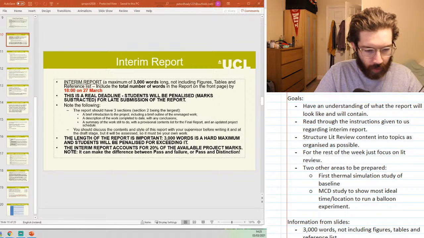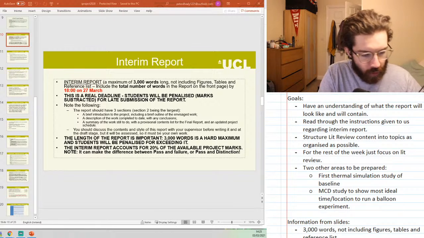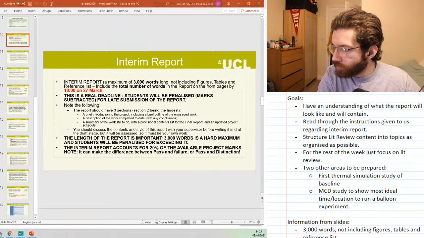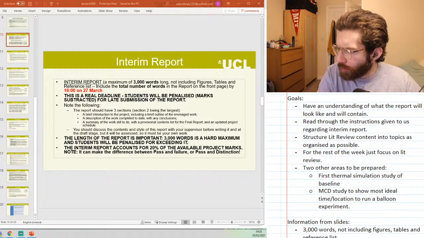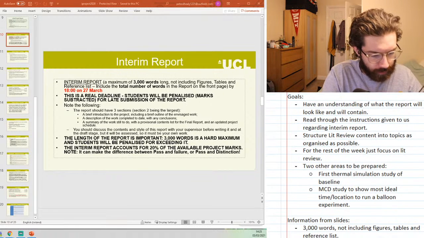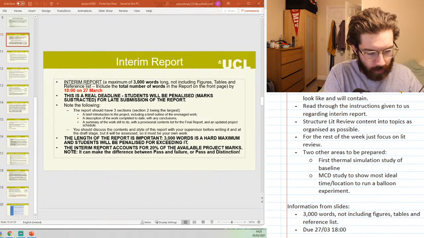There we go. For once I have the notes looking nice. So let's keep going. Brief intro to the project, including a brief outline of the envisaged work.